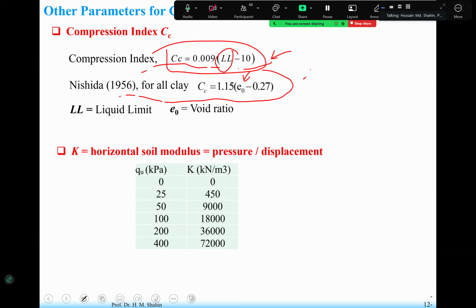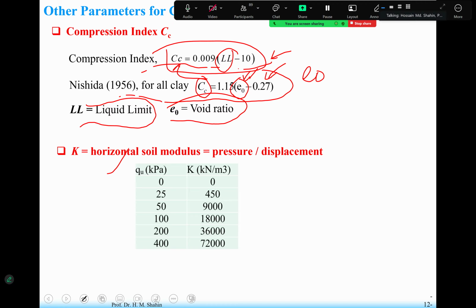In fact, sometimes for calculating e naught we use this equation for clay type soil, because in many cases we don't have e naught. Cc can be calculated from this equation. So use this equation and get this e naught. Then we have liquid limit and this is a void ratio.